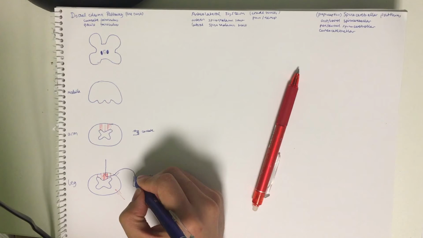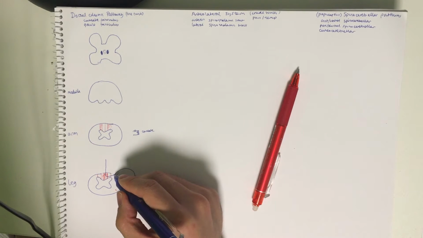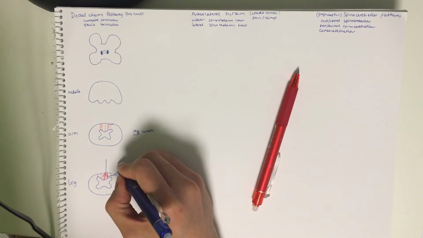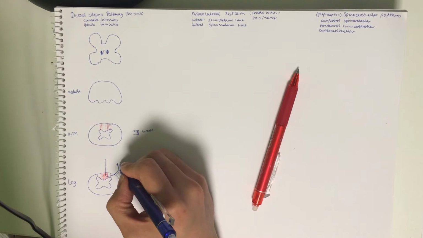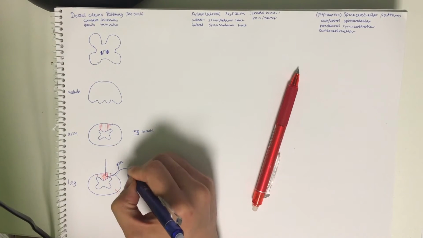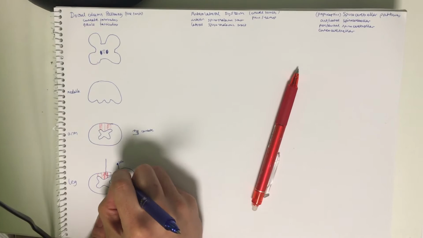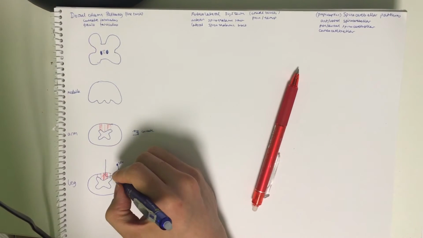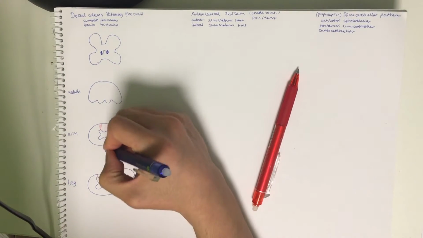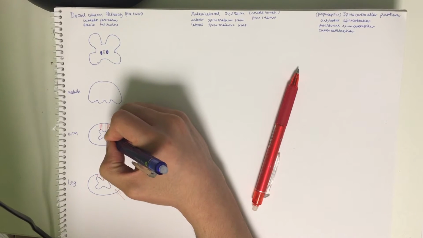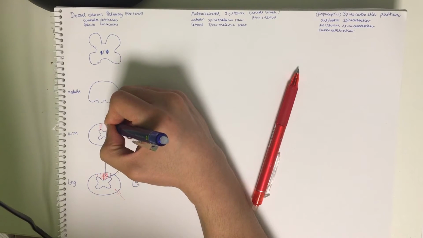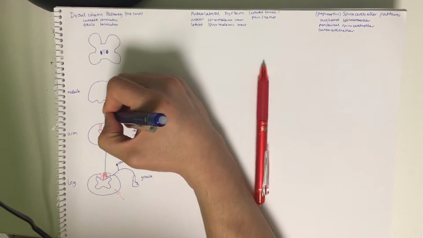So the dorsal root comes in. I'm going to draw this, by the way. This is the cell body, or the dorsal root ganglion, of this nerve. Dorsal root ganglion is just basically the cell body of this nerve. Now it's going to ascend up.